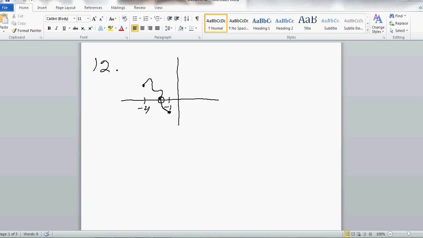Well, right there means it happens, so that means it has a solution on the interval between negative 4 and negative 1.